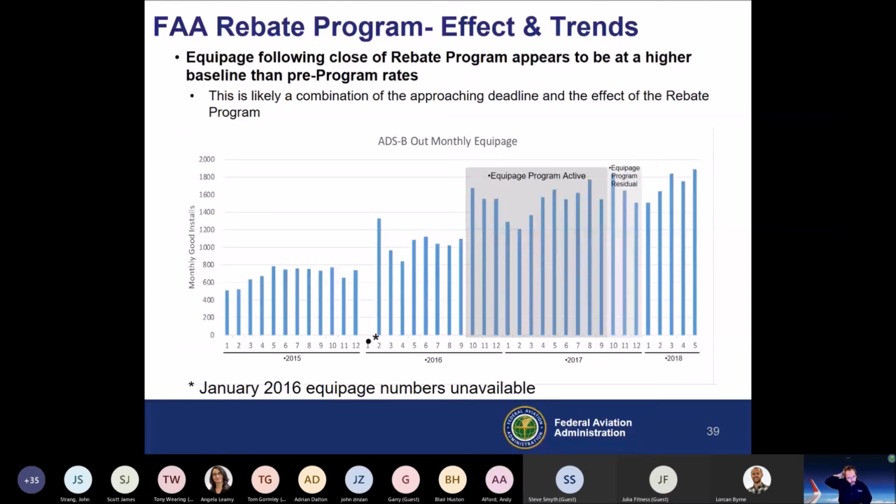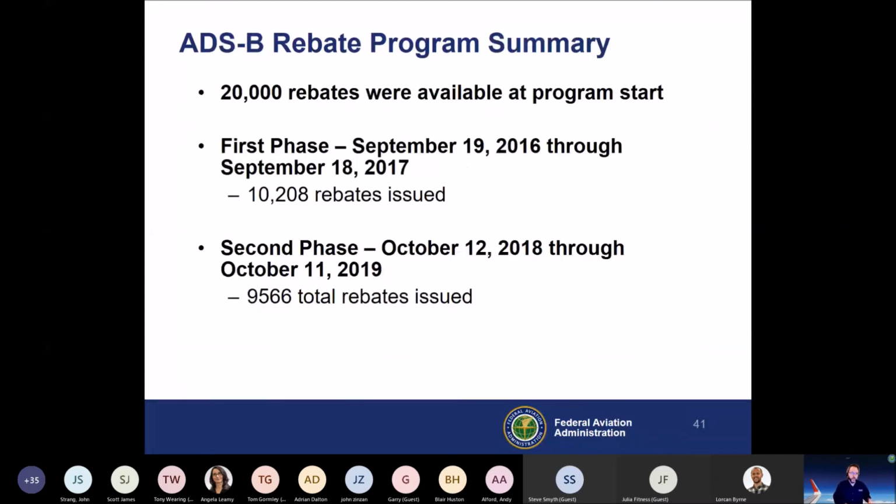So into 2018, we're still seeing over 1,800 good installs per month. What can I say other than that the program really worked? It was considered an entire success. We did this in two phases, in 2017 and 2019, with roughly 10,000 rebates in each phase.